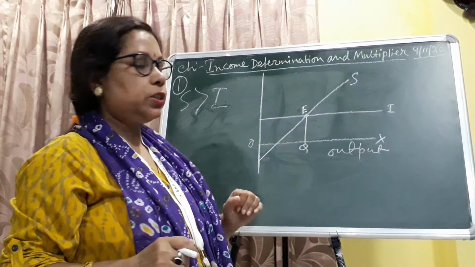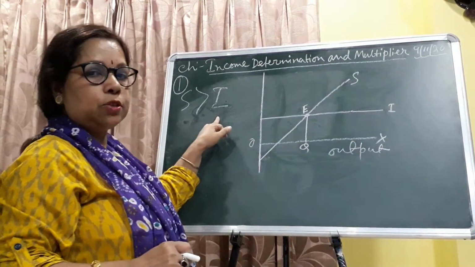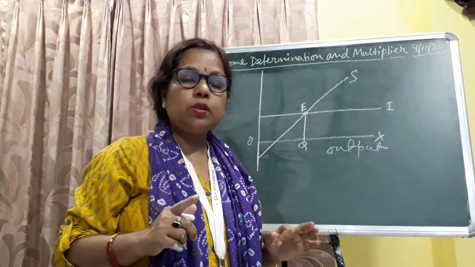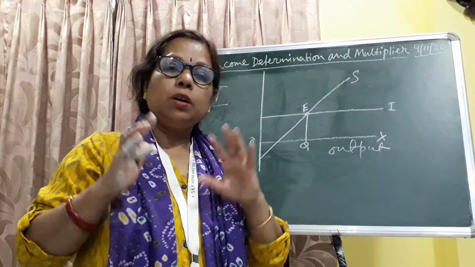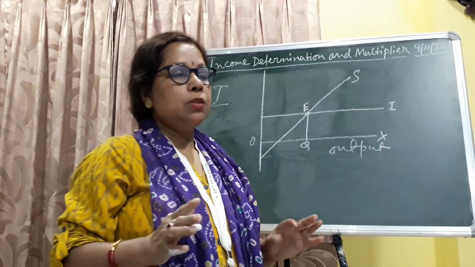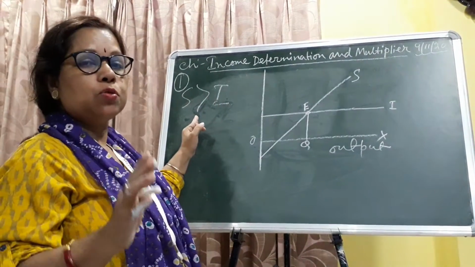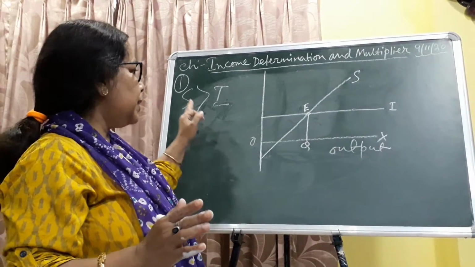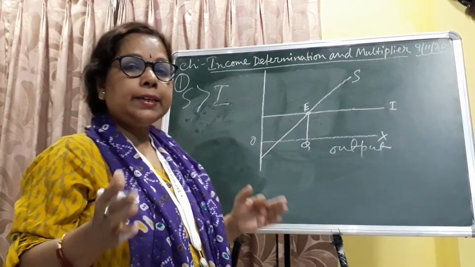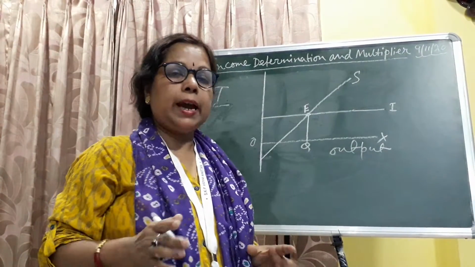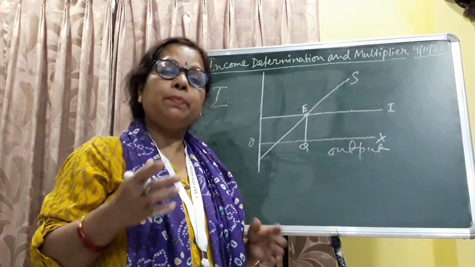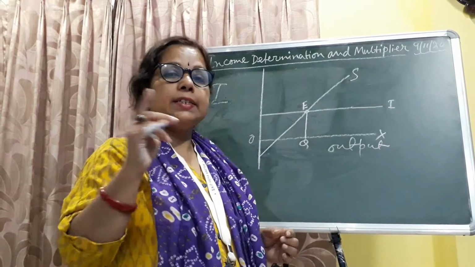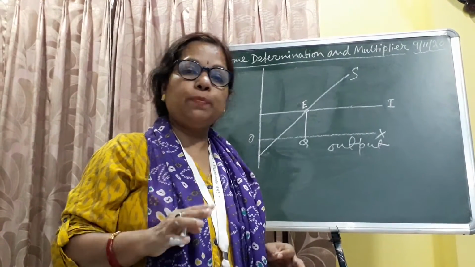When saving is greater than investment, it means that households do not consume a large amount of commodities. That's why inventory goods will increase, above the desired level of output. In such a situation the producer will stop the production.